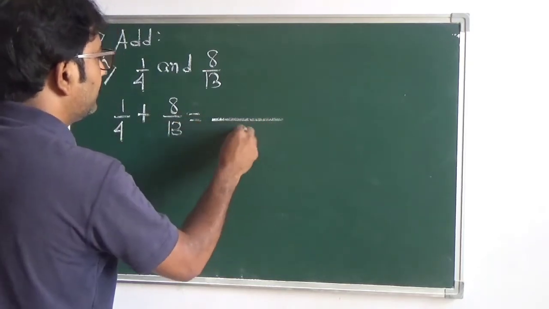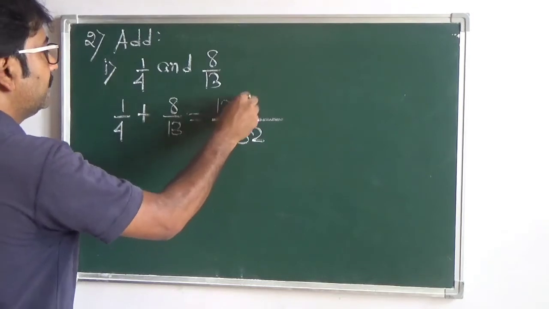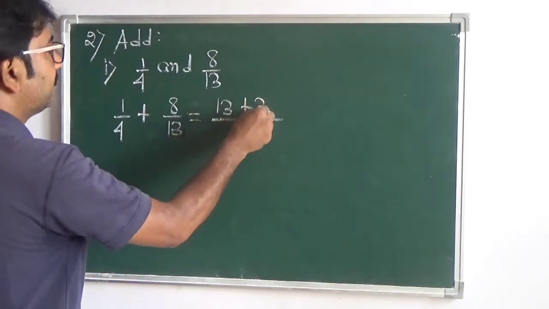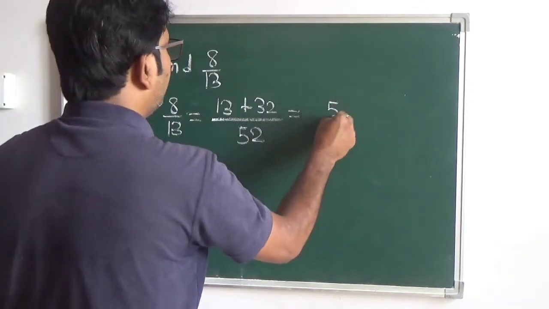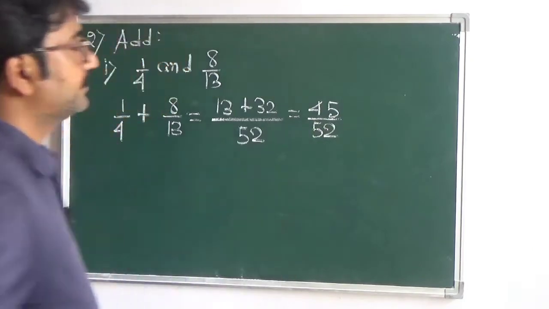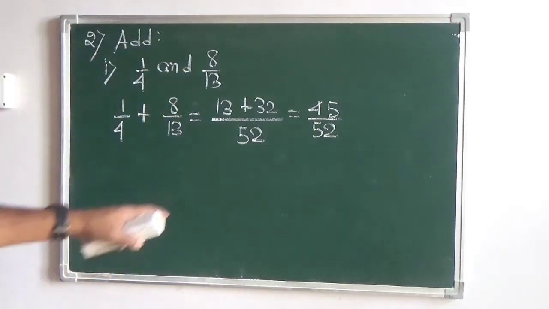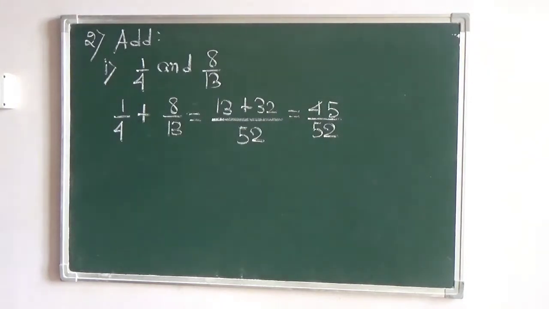Sir, 52. So it is 52. So it is 13 times 1, we write 13, plus 4 times 8, so it is 32. So we have 45 by 52. This is the result. If it can be reduced further, then you reduce it. If it is not, then let the answer remain as you have got.